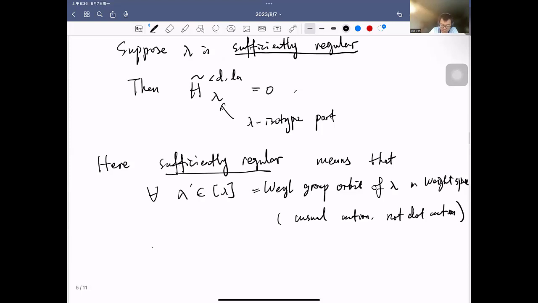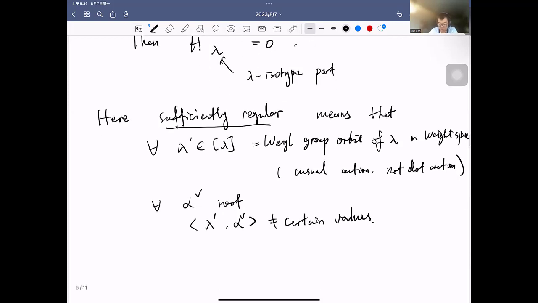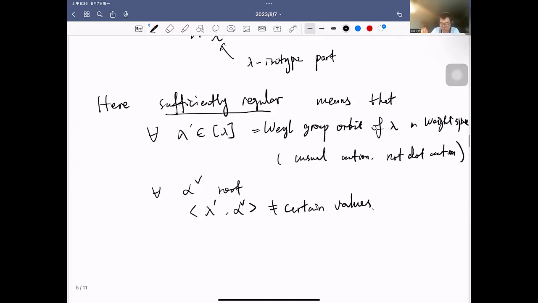And then for any co-roots, again, the pairing cannot take certain values. So instead of writing down explicitly what it is in each case, let me just give you some idea in the following two cases.